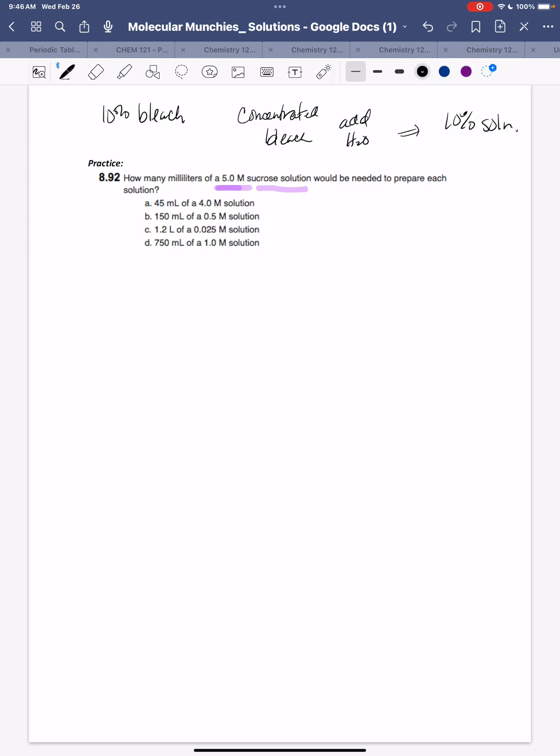And so we have our initial concentration of 5 molar. That's a chemistry measurement of concentration, as we spoke about before. And we want to make a 4 molar solution. So we're going to dilute it, so the concentration is going to go down. And we want to make our second volume 45 milliliters of it.